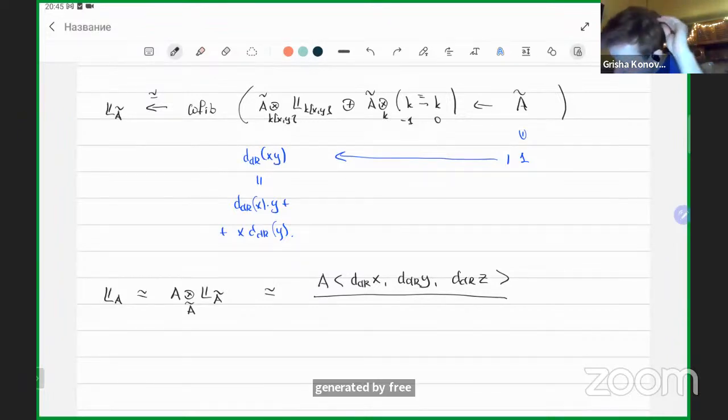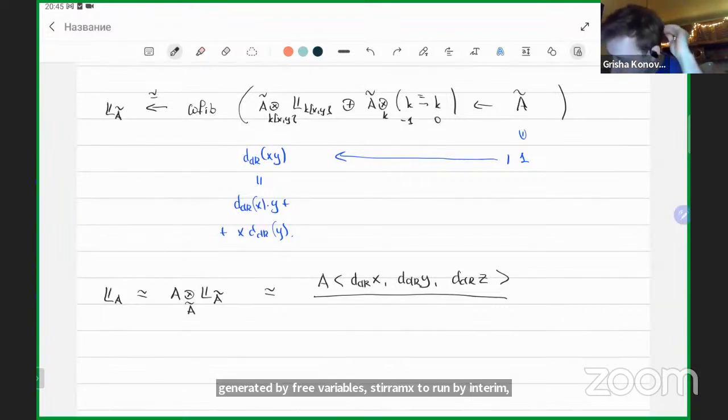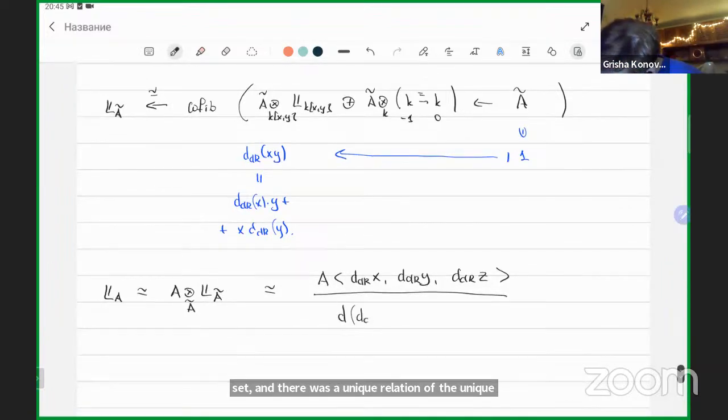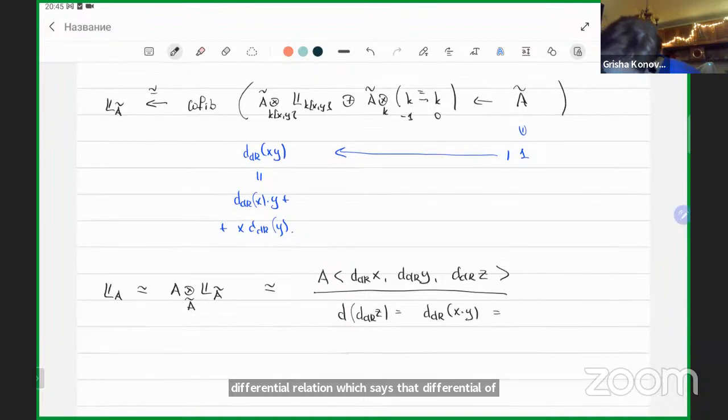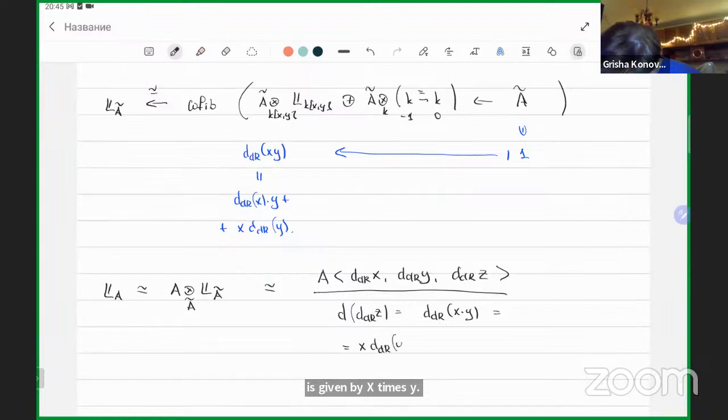And there was a unique differential relation, which says that the differential of d z is given by x times d y plus y times d x.